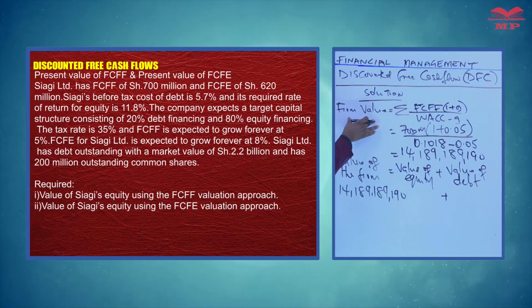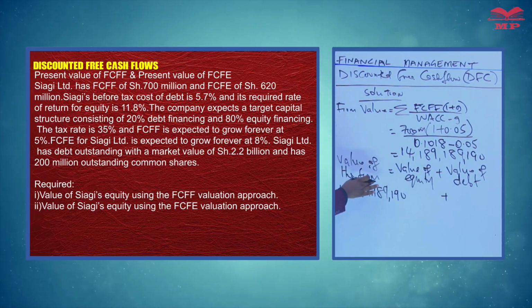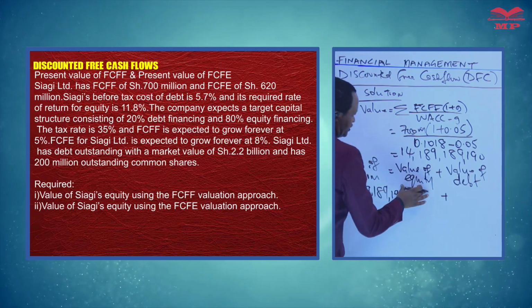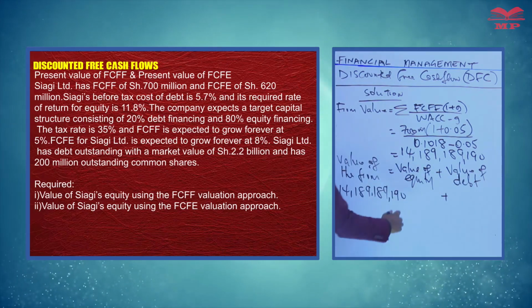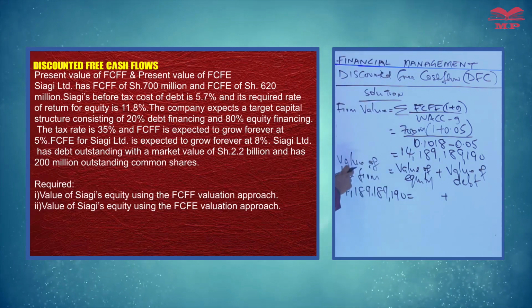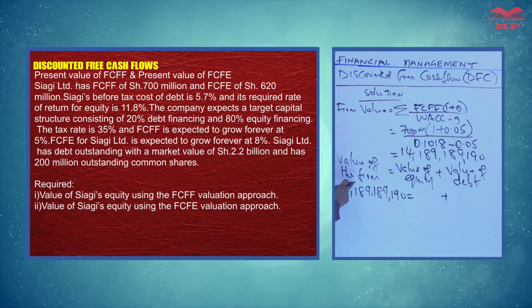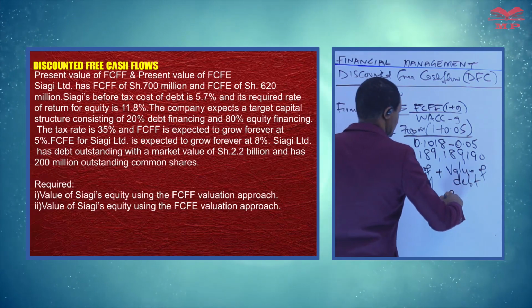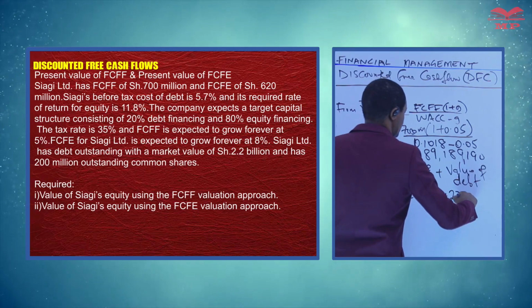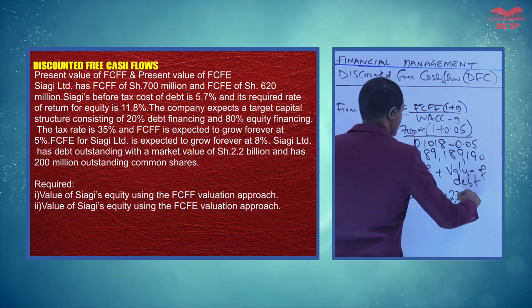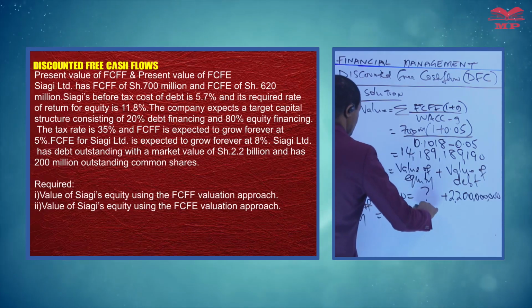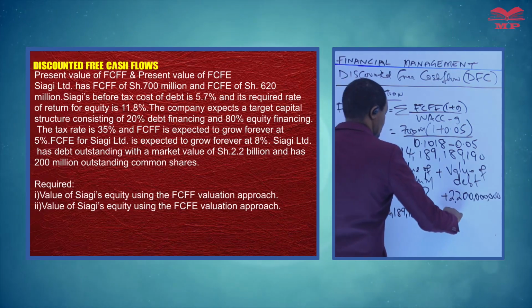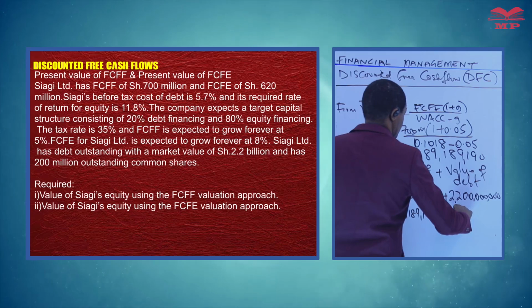This is the total value of the firm. The total value of the firm is equal to the value of equity plus value of debt. So if we have the value of the firm and we have the value of debt, 2.2 billion, we take 189,190 minus 2.2 billion.